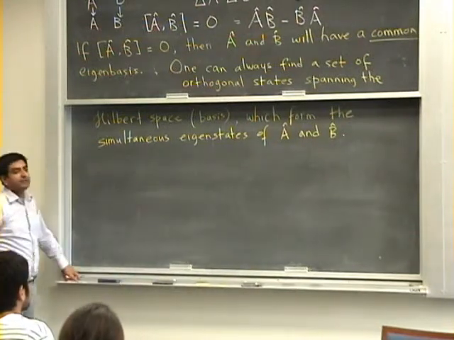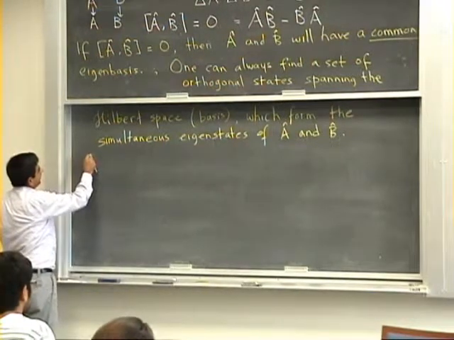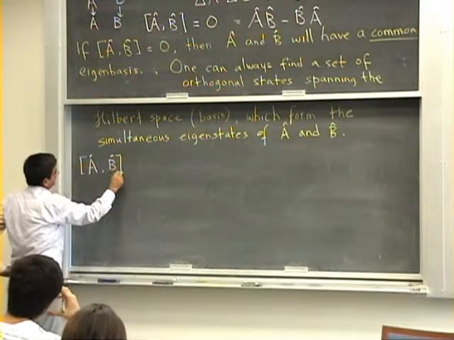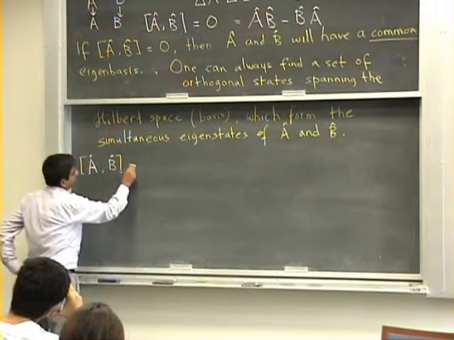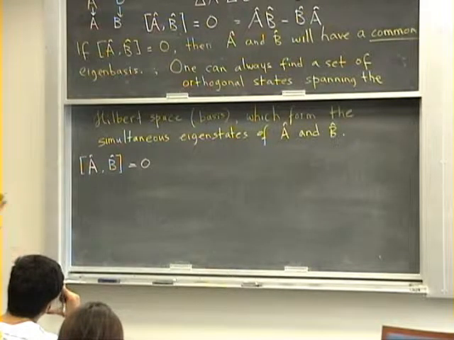So what this theorem really means is that if A commutes with B, then one can find a set of states which are the basis for the Hilbert space.